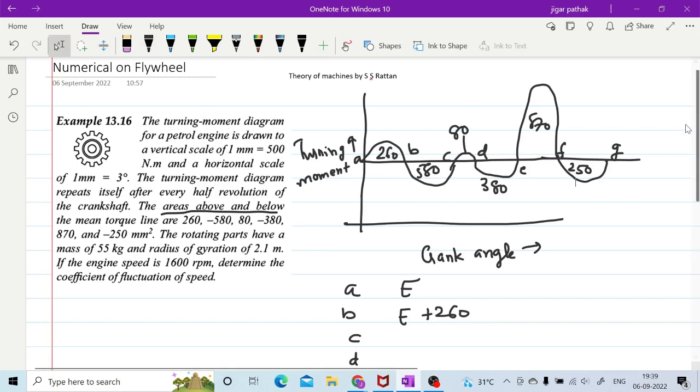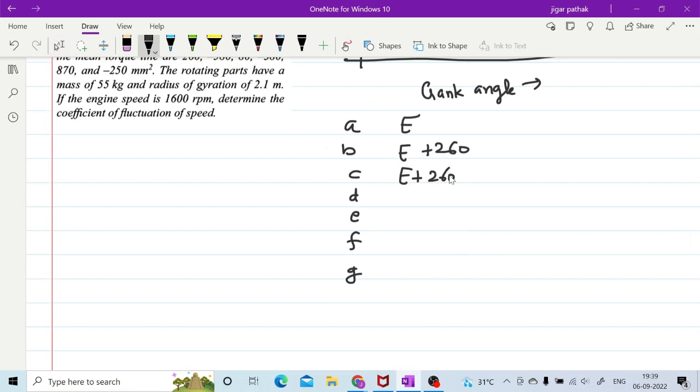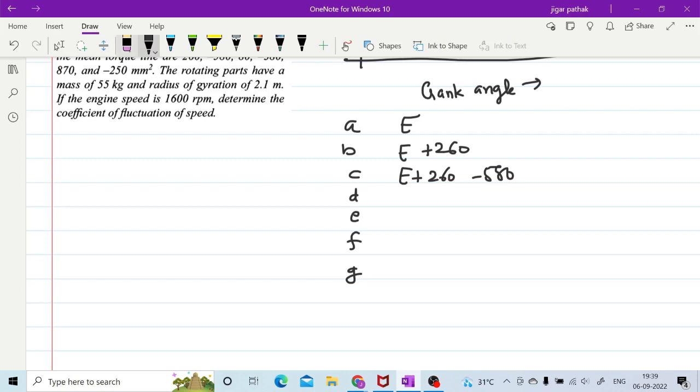So if you keep on going to point G, then for C it is E plus 260 minus 580, right?